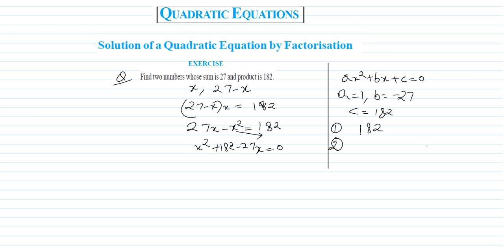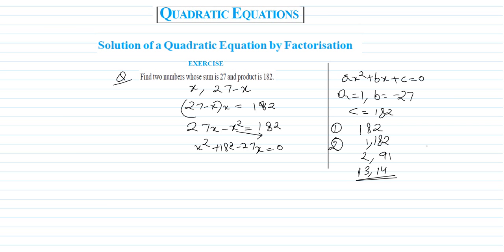So we split the middle term such that the difference of the factors should be equal to the middle term, the coefficient of x. So here we have x square minus 13x minus 14x plus 182 is equal to 0.